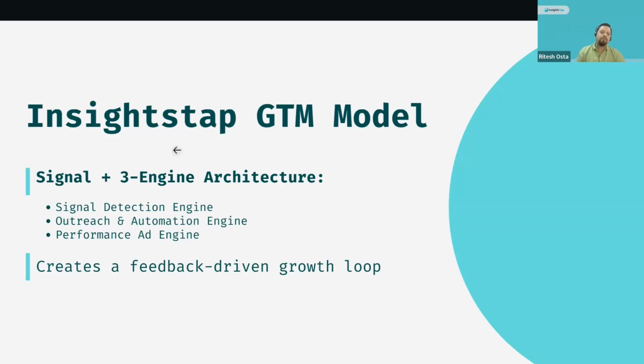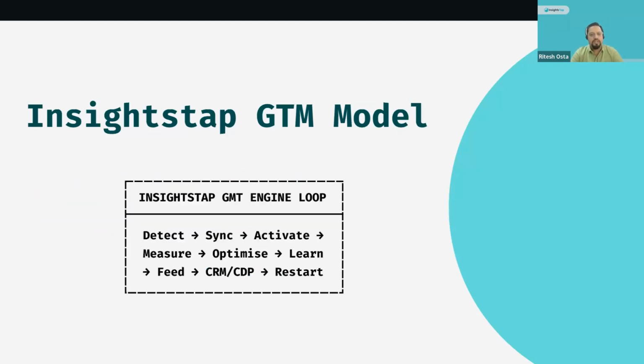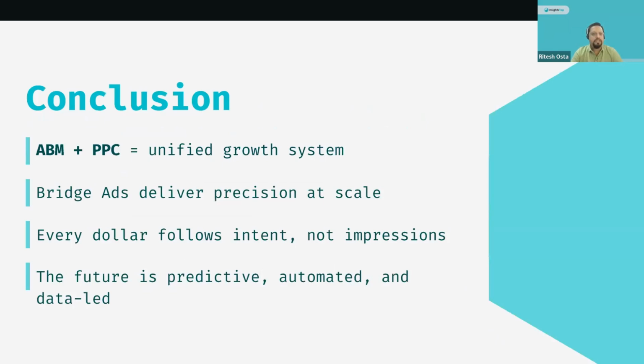We did not talk much about the outreach and automation engine, but we do that as well. In the process, you can create a feedback-driven growth loop. This is what we do at Insightstap: detect, sync, activate, measure, optimize, learn, feed, and then restart the process. We can help you with a lot. We have a team of experts doing that.